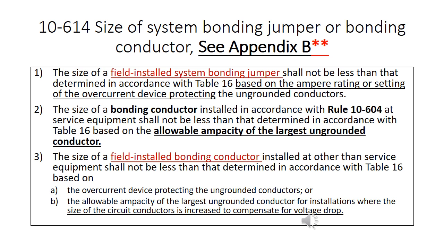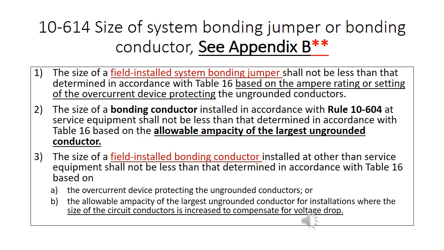Subrule 2. The size of a bonding conductor installed in accordance with 10.604 at service equipment shall be not less than that determined in accordance with Table 16 based on the allowable ampacity of the largest ungrounded conductor.